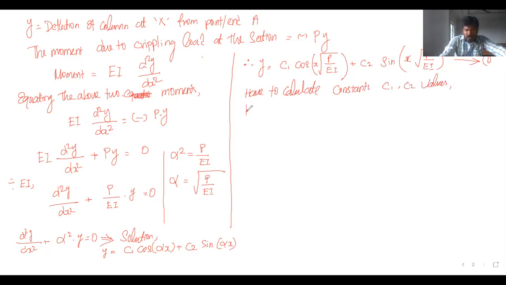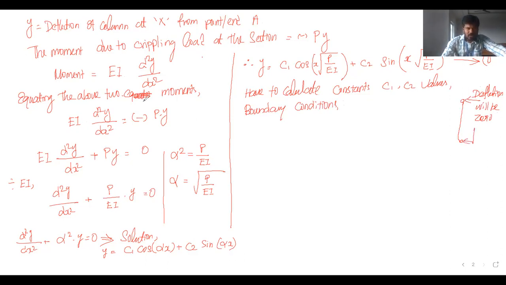For that, we are going to use boundary conditions. We discussed in the introduction class that if both the ends are hinged, the deflection will be 0 at the hinged ends.